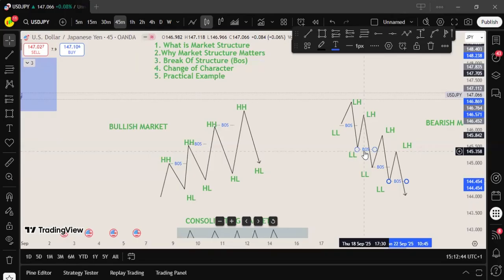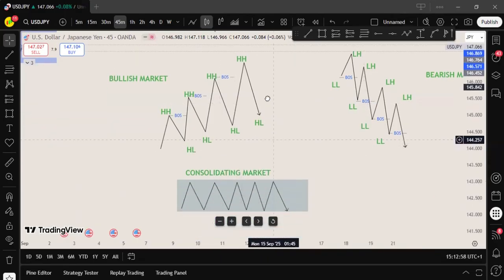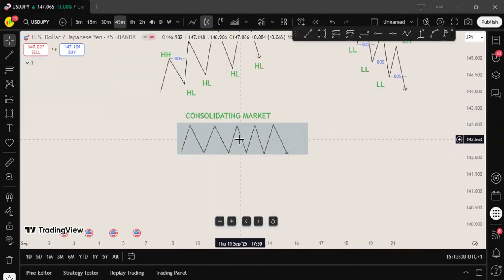We only use break of structure for a trending market, because if the market is not trending, it means it is consolidating. Like the example we have here, the market is just consolidating. It is not going up, nor going down. It is just there creating waves, consolidating in one box.